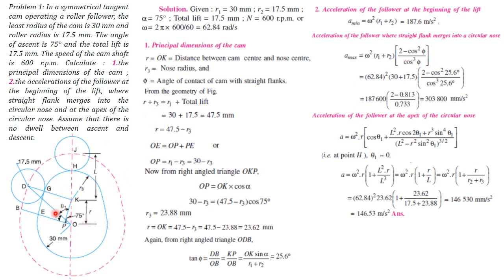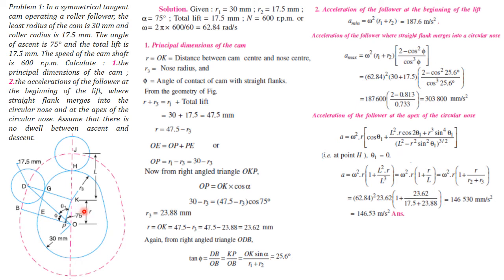From the geometry, if we are interested in the total stroke, we can say that the total stroke should be equal to R plus R3. At point H, the follower will be at the highest position. These two are going to compute this stroke.